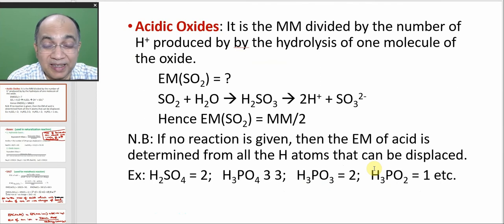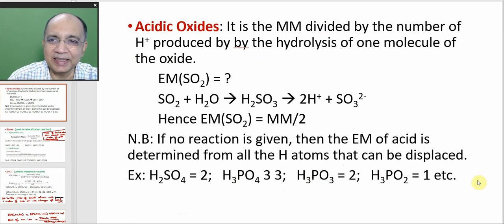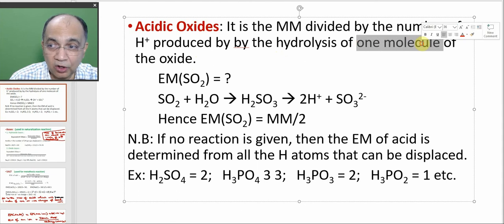Most of the non-metallic oxides are acidic. So how to find their equivalent masses? It is the molecular mass divided by the number of H plus ions produced by the hydrolysis of one molecule of the acidic oxide.